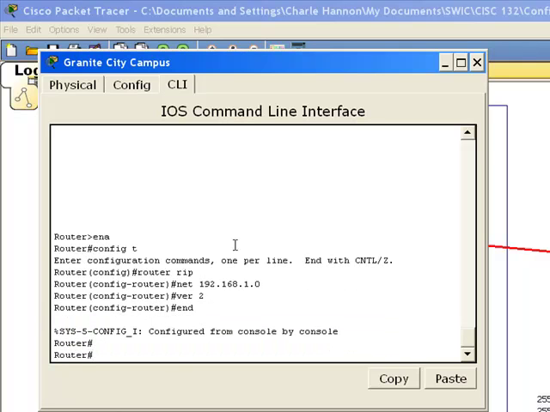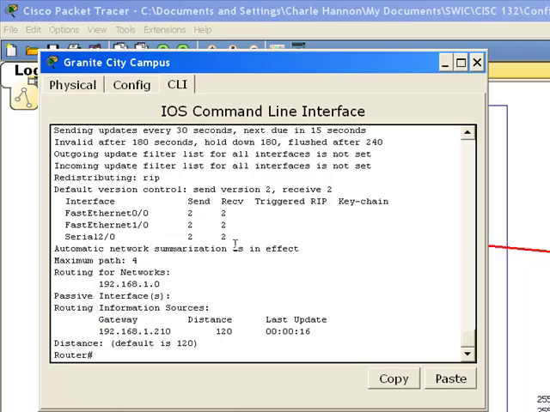And I can do that by typing in version 2. But if I do a show ip protocol, I can also see here that I'm sending version 2 and receiving version 2. And here's the networks that I'm talking about. And these are all the interfaces that belong to that.